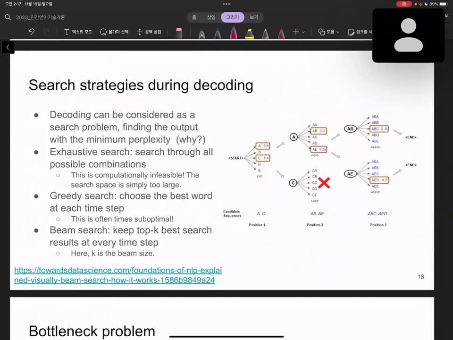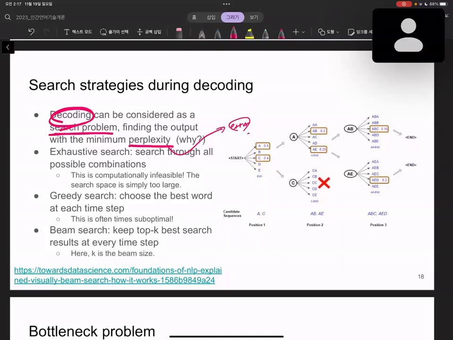And now these are the search strategies during decoding. Decoding can be considered as a search problem, finding the output with the minimum perplexity. We did not see the perplexity yet, but maybe this can be thought of as error.